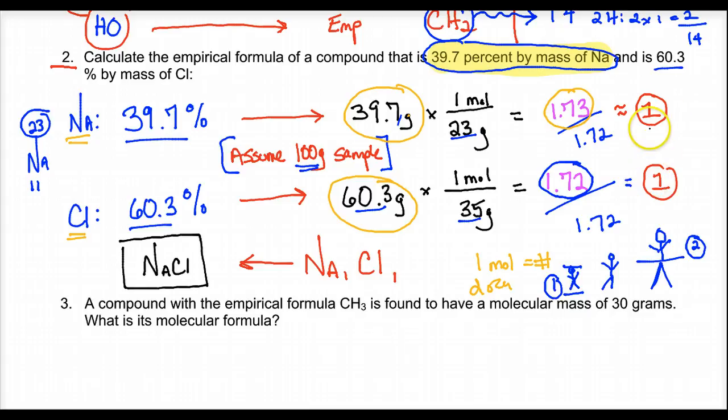And once we have their ratios, in this case you can clearly see they're about the same. They're not going to be perfect, but you can round to them. The reason they're not perfect is because of rounding, but they're essentially the same, which means we have a 1-to-1 ratio of chlorine to sodium. And we've just built our empirical formula, which, by the way, is exactly how sodium chloride exists in nature.